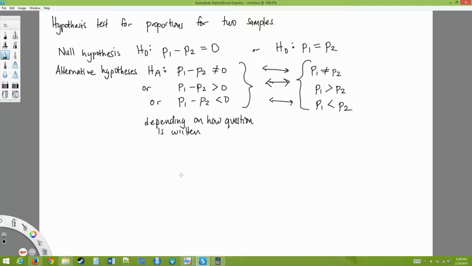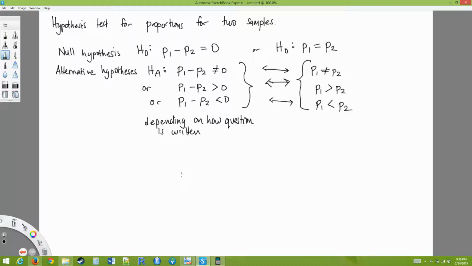Basically, what we're asking is, I have one sample over here, another sample over here. Based on what we see in the samples, does that mean the two populations have the same percentage or not?